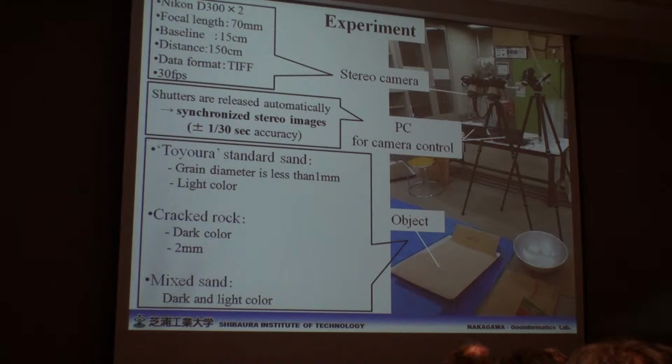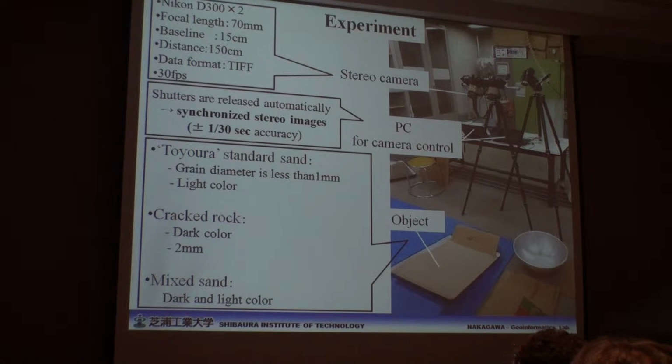We measure three kinds of objects. The first is Toyoura standard sand with light color particles. Its grain diameter is less than 1 millimeter.